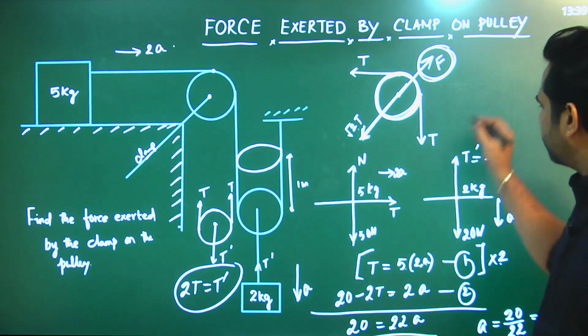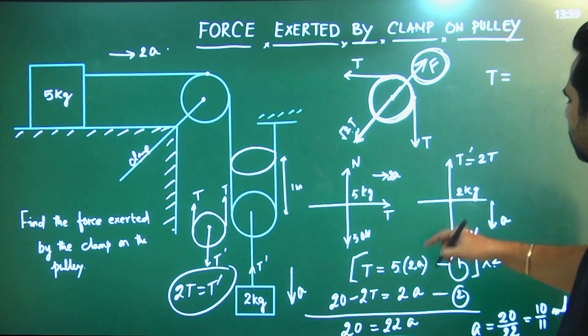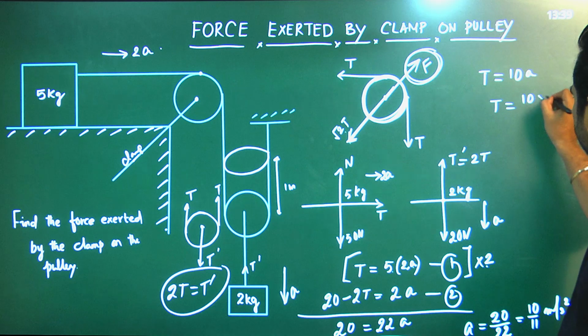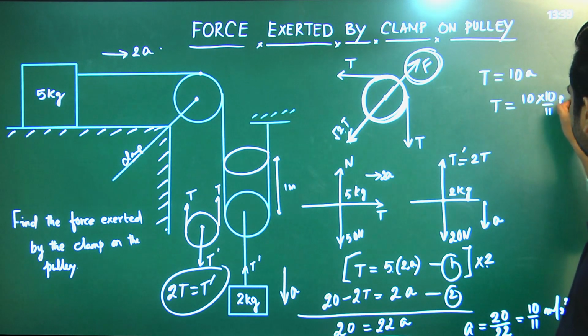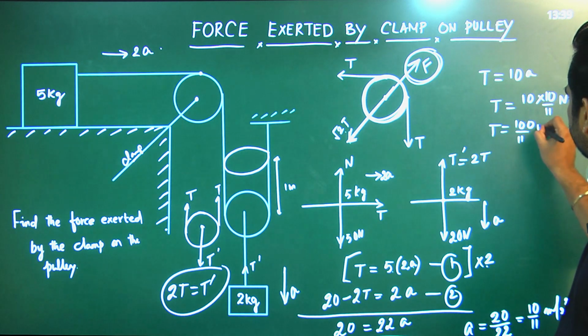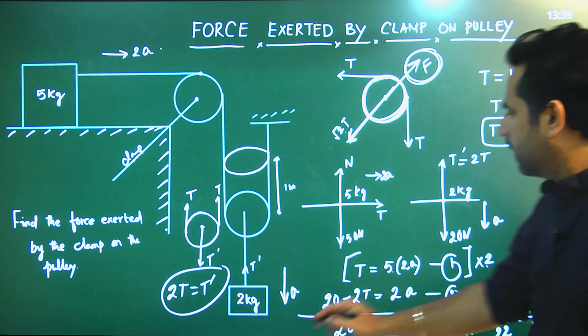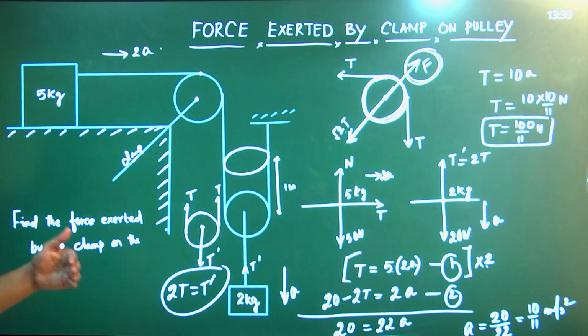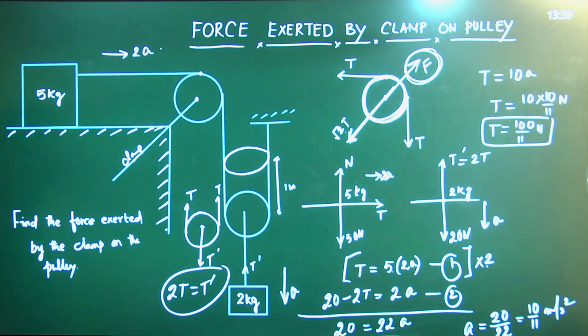Now from the first equation I can find the tension. Tension is 10a, so tension is 10 into 10 by 11 newtons, which is 100 by 11 newtons. Now coming to the final answer: find the force exerted by the clamp on the pulley.